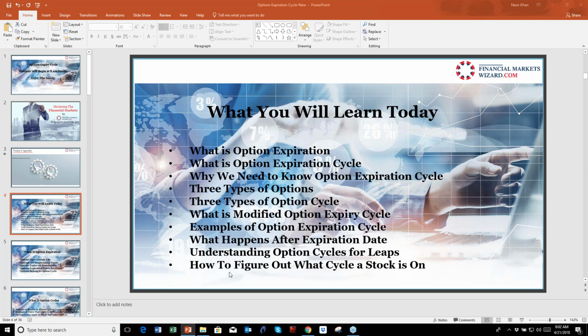If you know which month will be added, you can take proper action. Maybe you need to do some adjustment, or you need to know in advance which option you will sell against your long option, etc. So knowing in advance is important. All right, these are the topics we will cover.